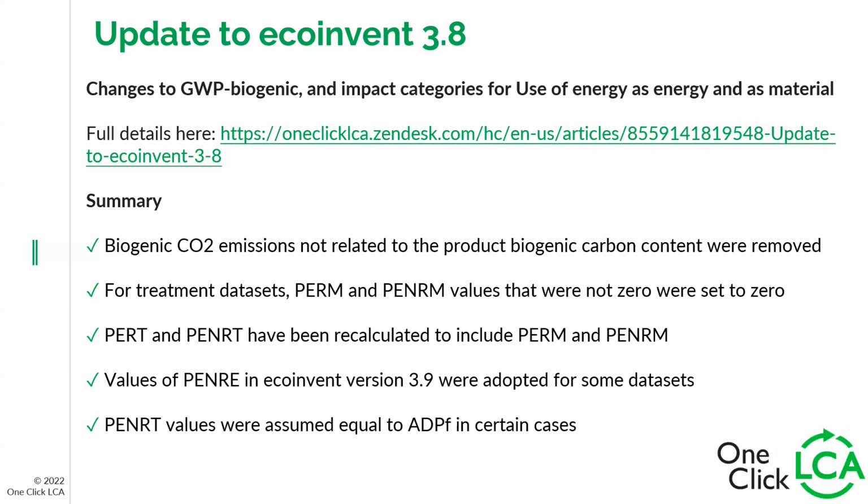So PERE, PERM, PENRE, PENRM, and the totals of those categories as well. The email didn't go into a huge amount of detail because maybe most of it isn't relevant for your exact calculations, and so the details are more in this article. And I'll just summarize the main points from it.